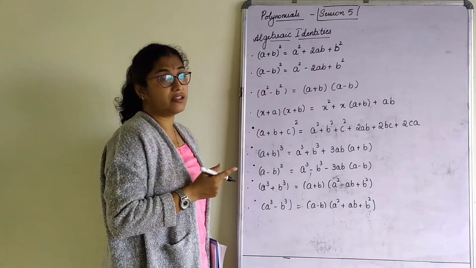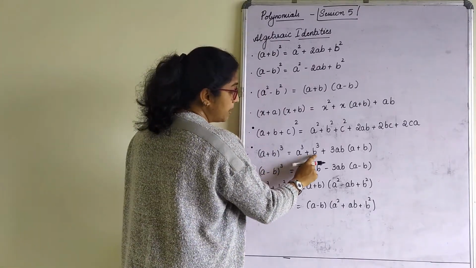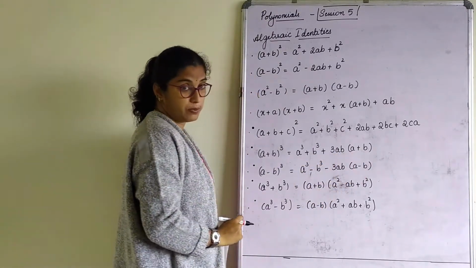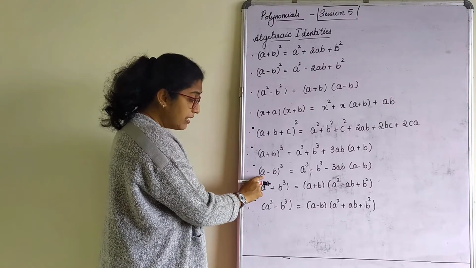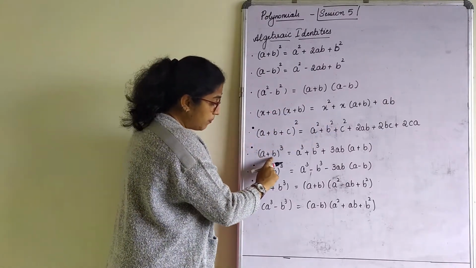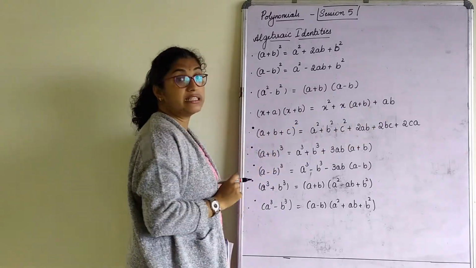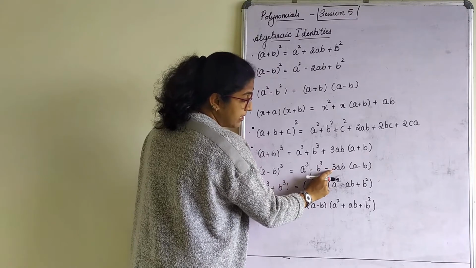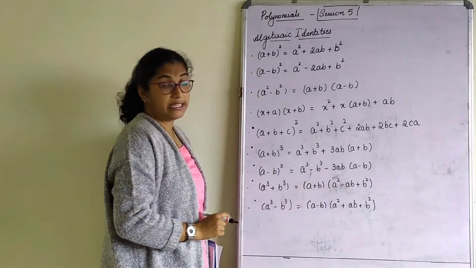Everything is in the form of a cube: a cube plus b cube plus 3ab(a plus b). Similarly, for (a minus b) whole cube, everything is in minus. For (a plus b) whole cube, everything is in plus. a cube minus b cube minus 3ab(a minus b).